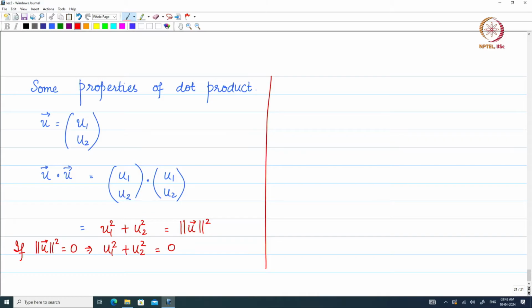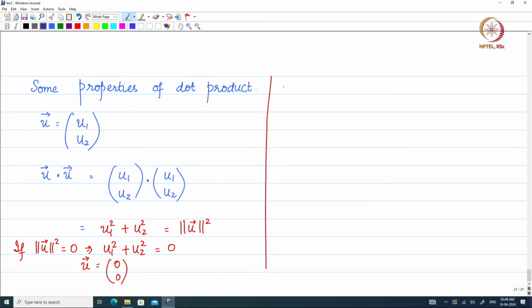Therefore, if the squared norm of the vector is 0, then the vector u is the 0 vector. Only if u is the 0 vector do you get the norm to be 0. So u dot u is nothing but u1 square plus u2 square, which is the norm of u squared.